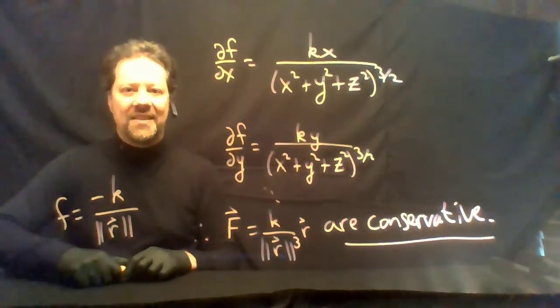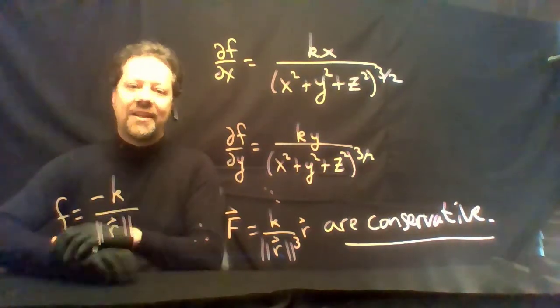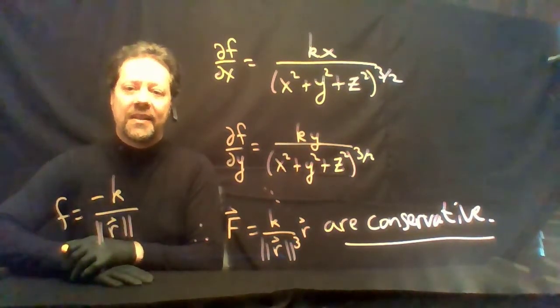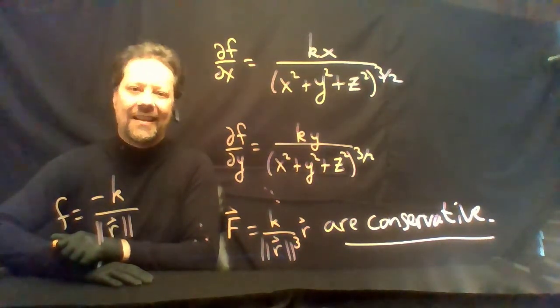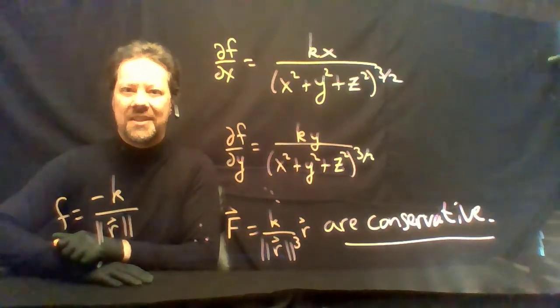This treatment is a little bit different from physics. The negative that you see here is the reason that in physics they choose minus F to be the potential, and in that case it will equal the potential energy.